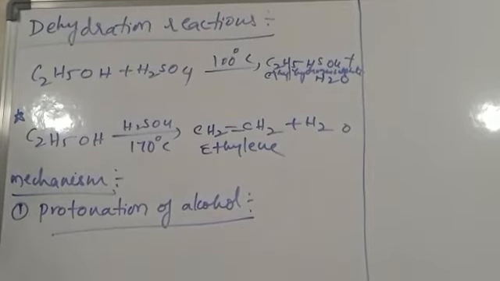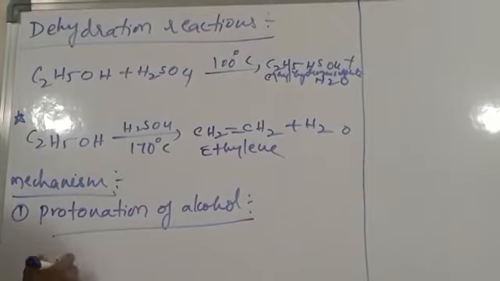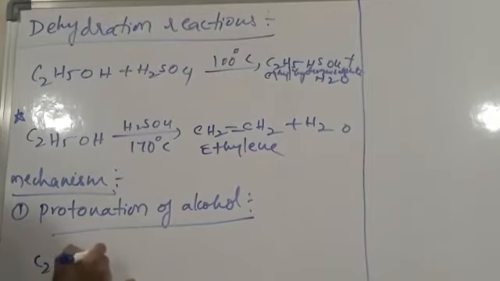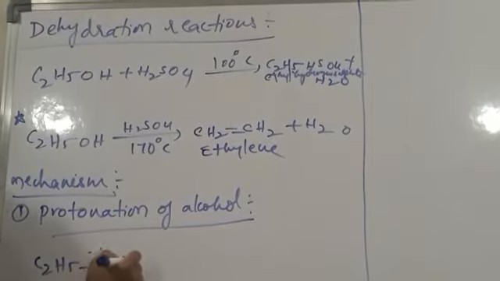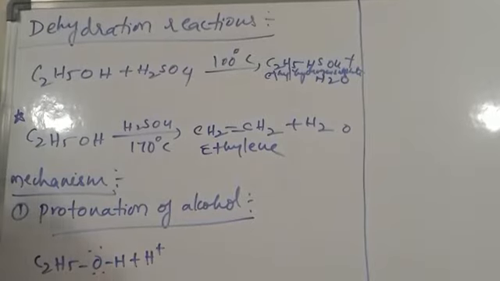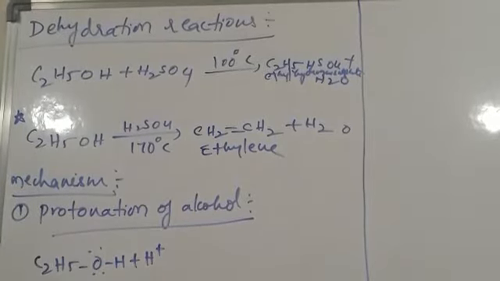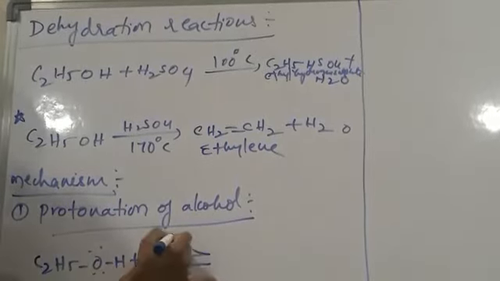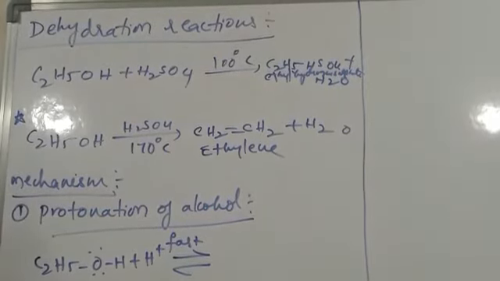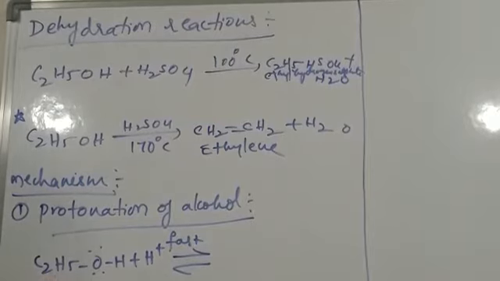For example, ethyl alcohol adds a proton, and the reaction is a fast reaction. Here we get protonated alcohol.